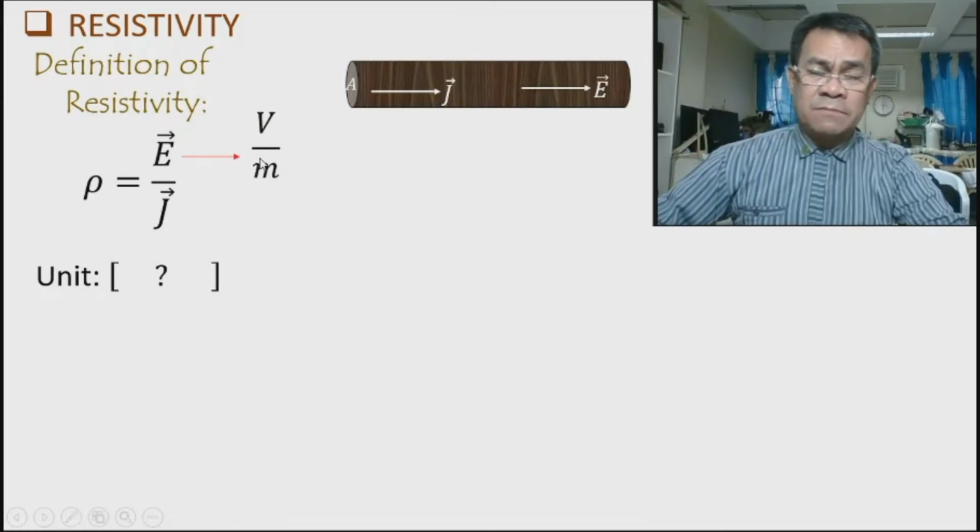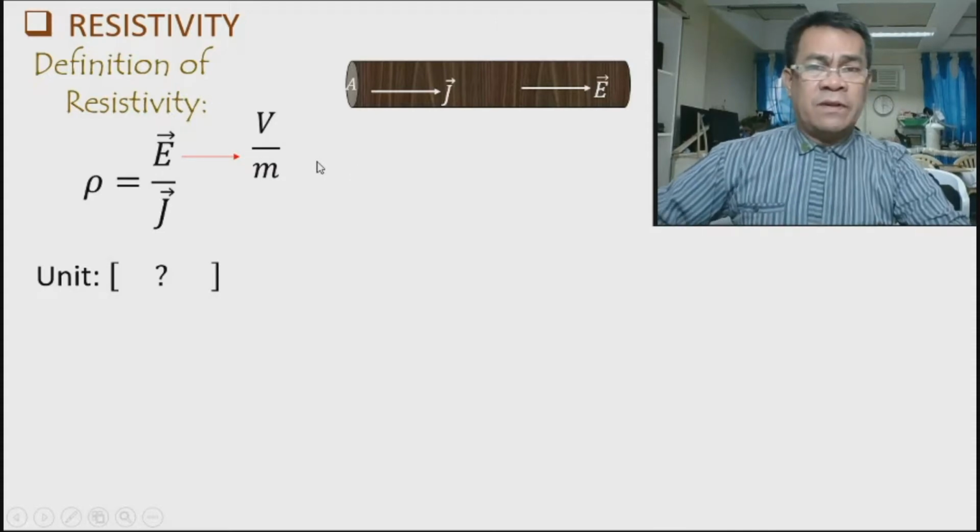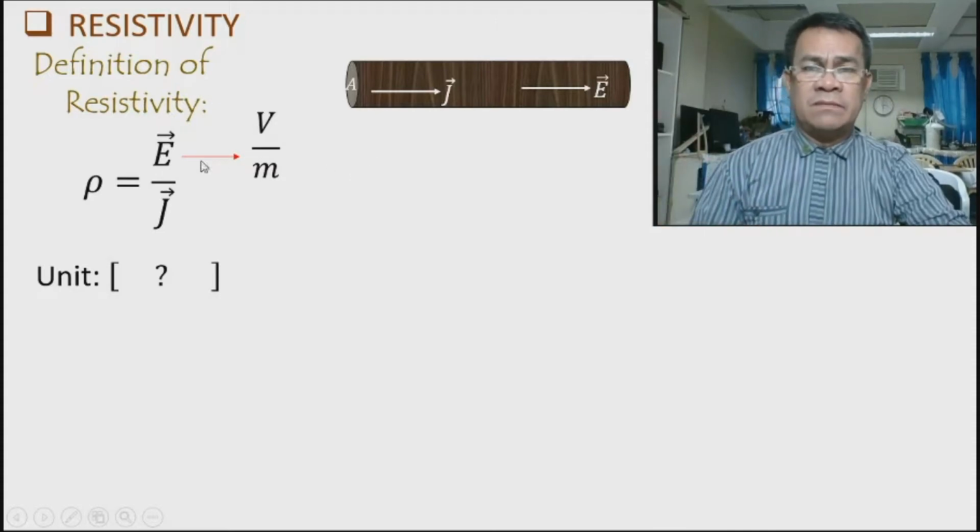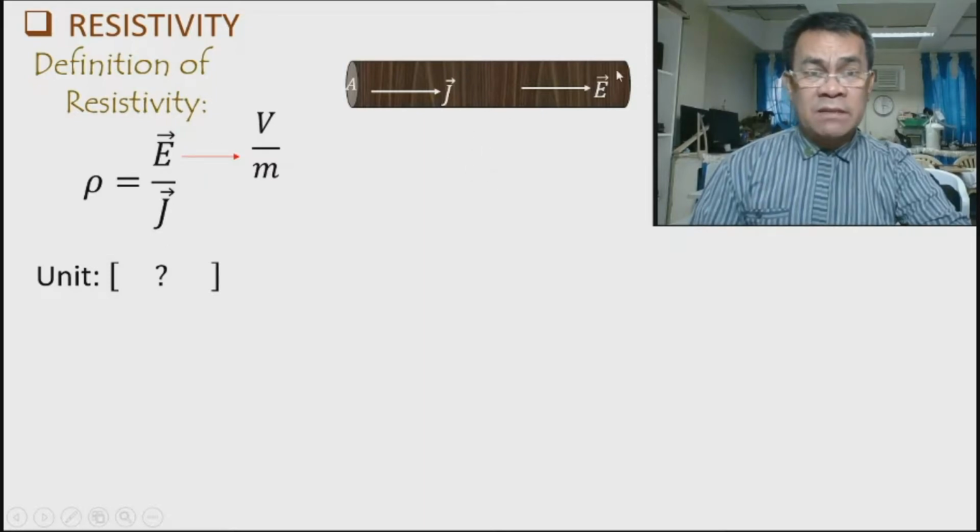Why volt per meter? In our previous videos, remember that the electric field is the potential difference divided by L, or the potential difference is the product of the electric field and the length between the charges. Imagine a positive charge here and a negative charge here, so the electric field within should be the same.